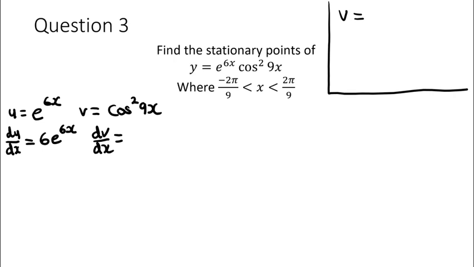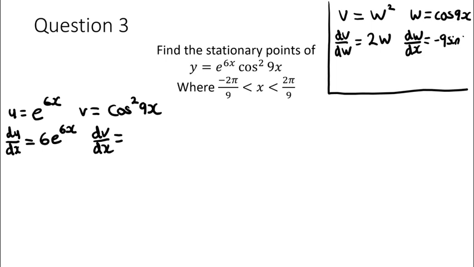So I'm going to say v is w squared, where w is cos 9x, and dv by dw is 2w. Then I work out dw by dx. So differentiate cos 9x, that'd be minus 9 sine 9x.